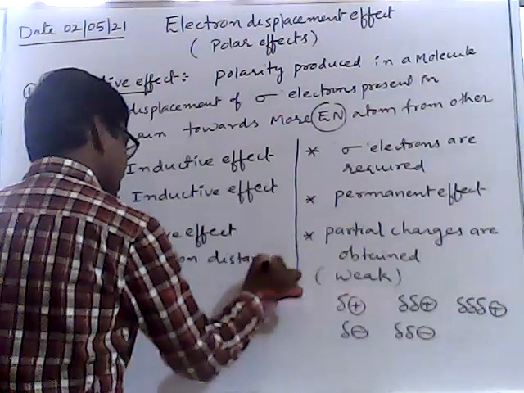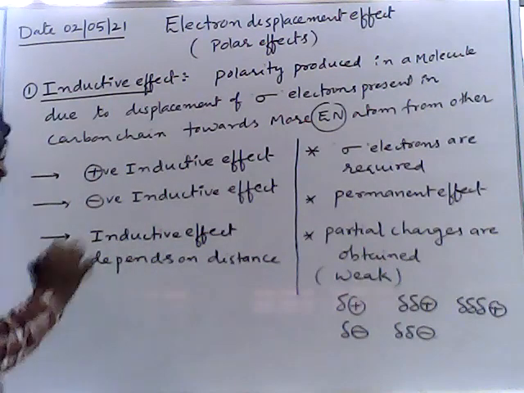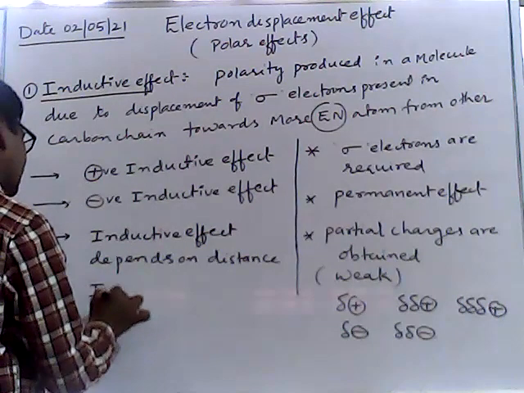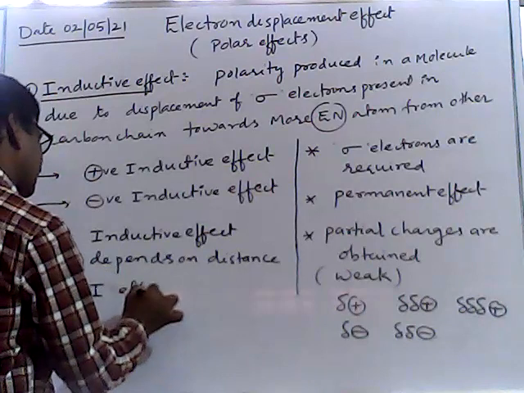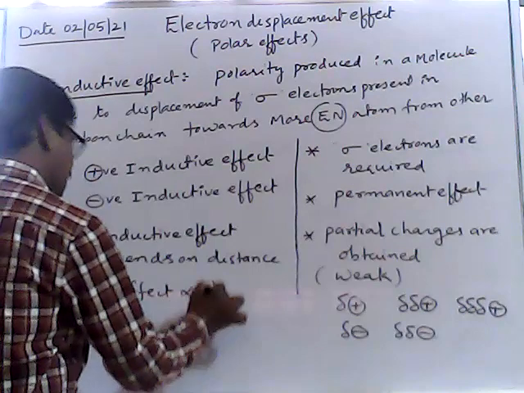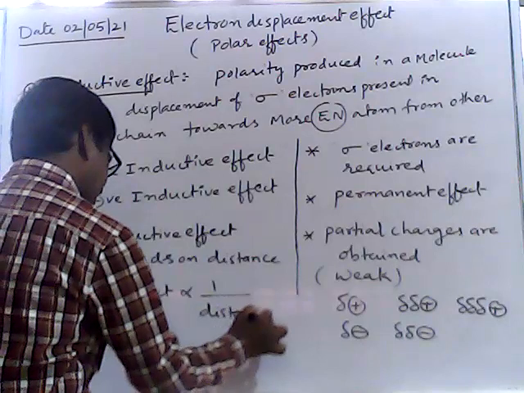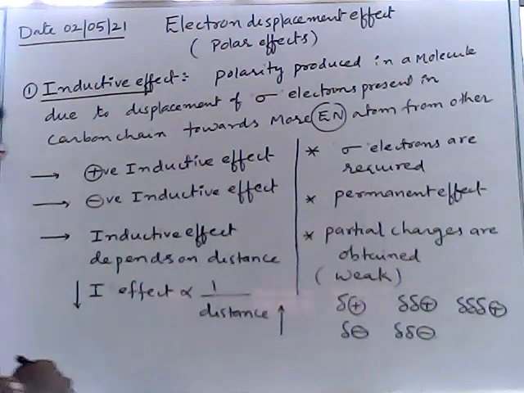When distance increases, inductive effect decreases. So here we can write the expression: I effect is inversely proportional to distance in the carbon chain. When distance increases, inductive effect decreases.